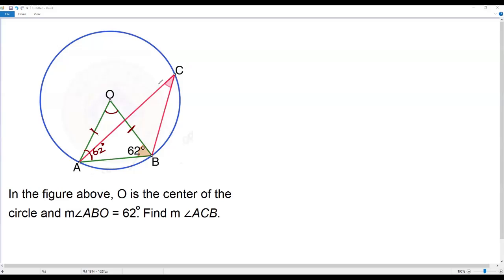To get the third interior angle measure, I have to add the two interior angle measures over here, that is 62 degrees plus 62 degrees. When I add them, I get 124 degrees. Now to get the third interior angle measure, I have to subtract this 124 degrees from 180 degrees, which is the sum of the three interior angles. So when I do this subtraction, I get 56 degrees.